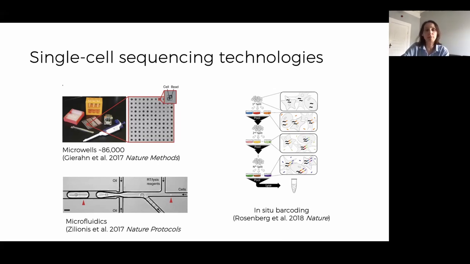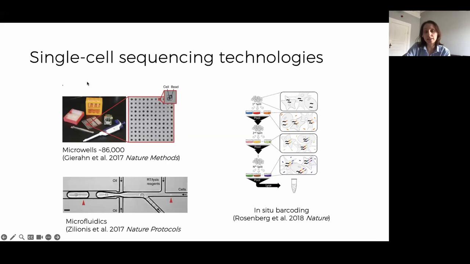Today, they're much better established. There are many different single-cell sequencing technologies out there. I don't have time to go over even most of them, but I will just note that they all share the same main principle, and that is that they aim to retrieve and process genomic material from individual cells at scale, meaning hundreds to hundreds of thousands of cells in parallel.